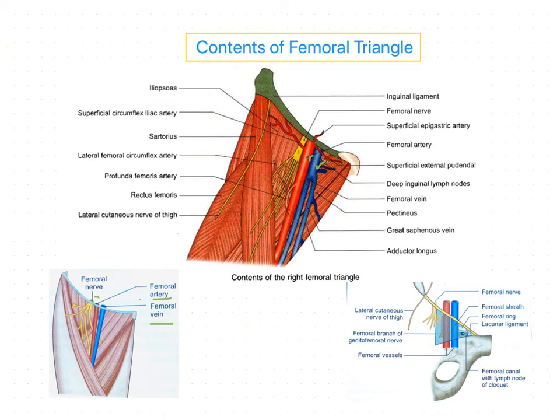They receive lymph from the superficial inguinal lymph nodes, from the glans penis or clitoris, and deep lymphatics of the lower limb. So these are all the contents of the femoral triangle.